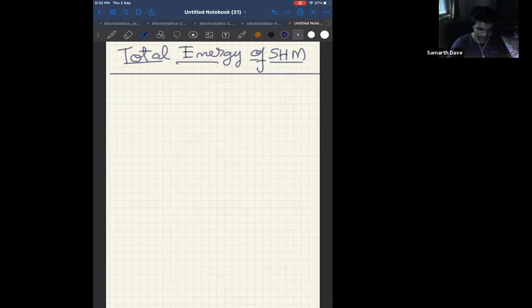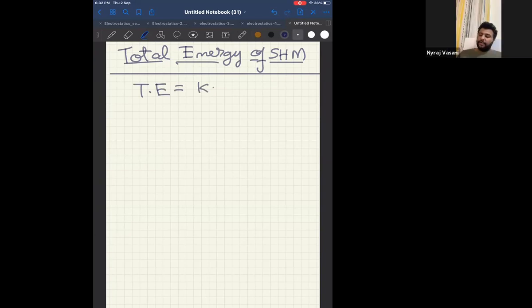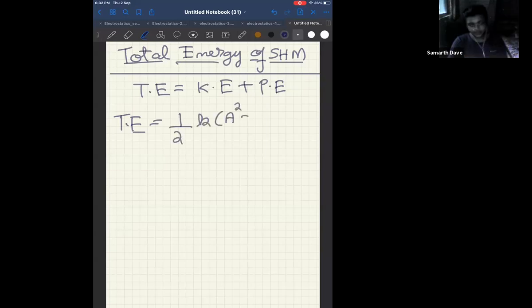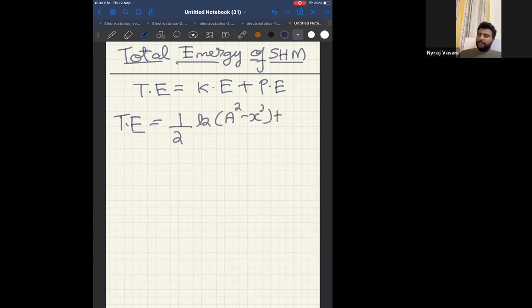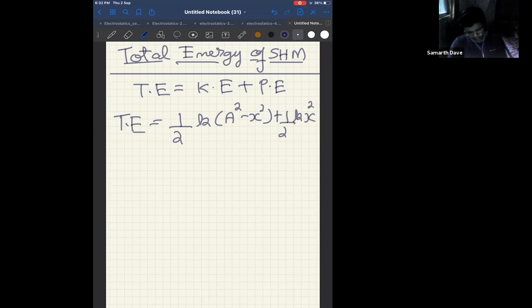Sir, half k a square, right? Look at this. Can I say total energy is nothing but kinetic energy plus potential energy? Therefore, total energy is nothing but kinetic energy, which is half k a square minus x square, plus potential energy half k x square. Correct?